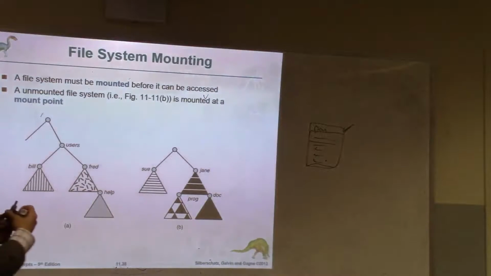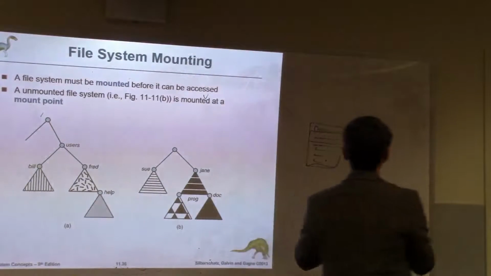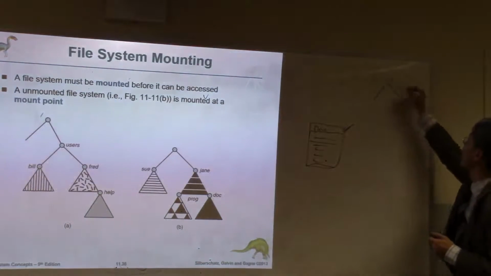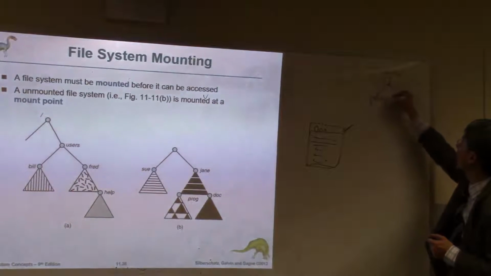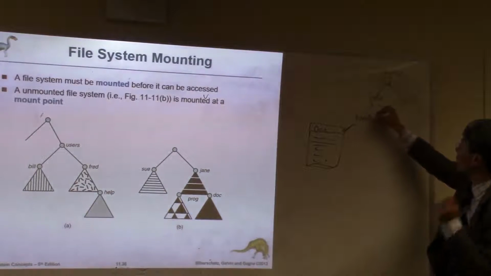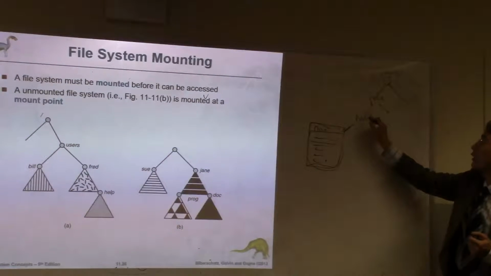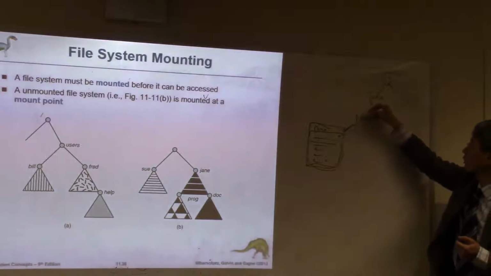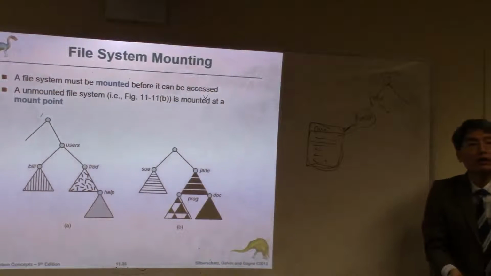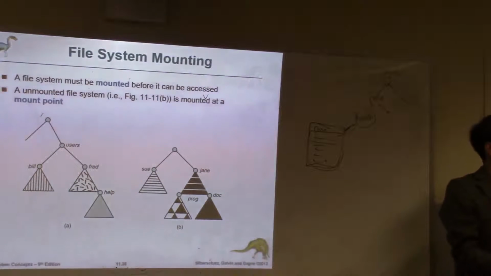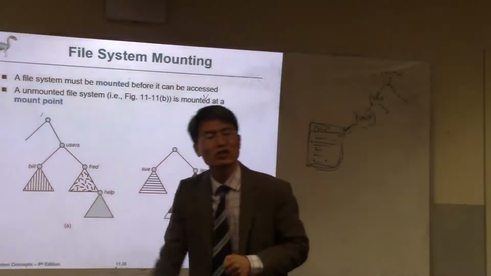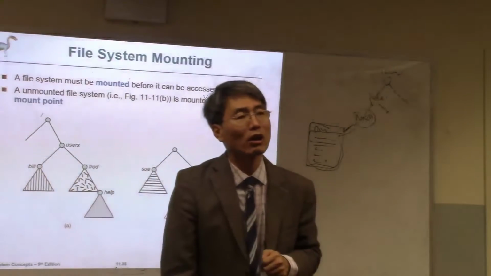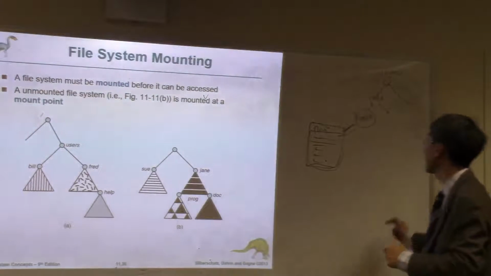What if I try to use this one on the existing file system? This is the home and JELEE, and this is a memory stick, my memory stick. I'd like to connect this memory stick. That is called mount. We already see the current operating system has a bunch of file systems using the one operating system.